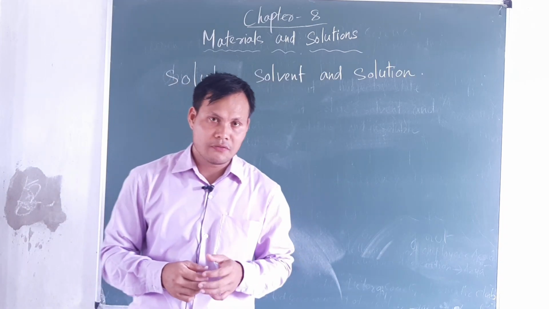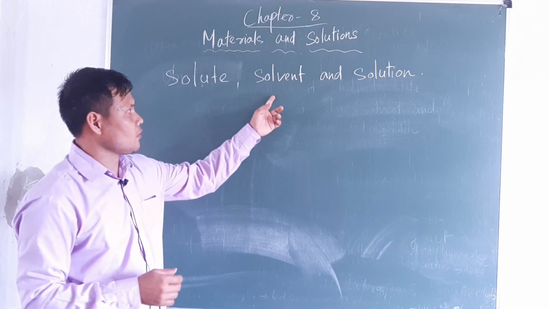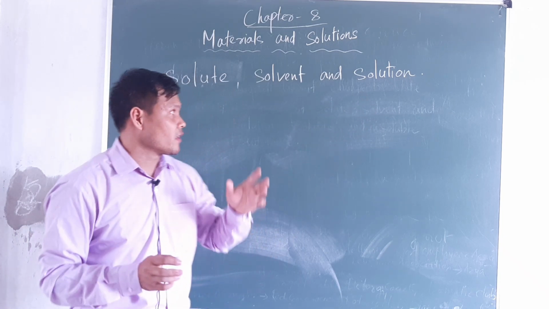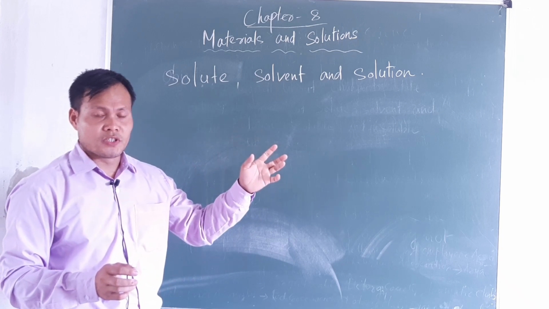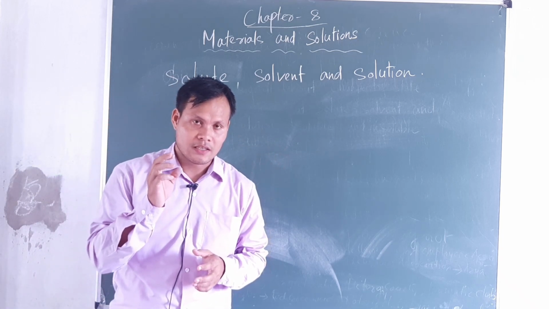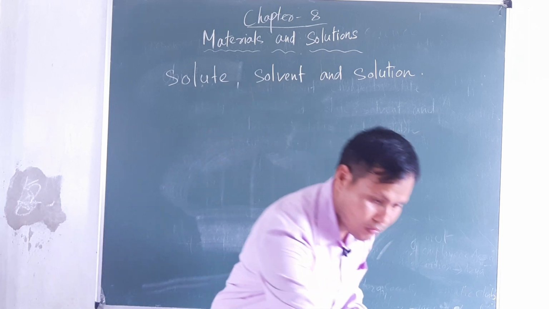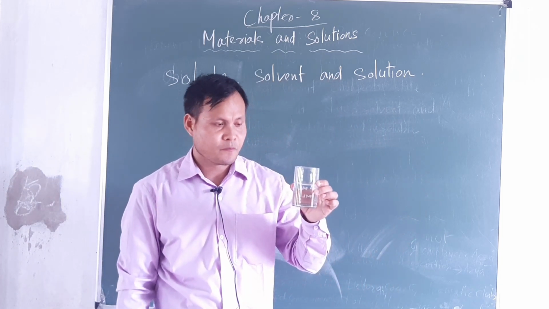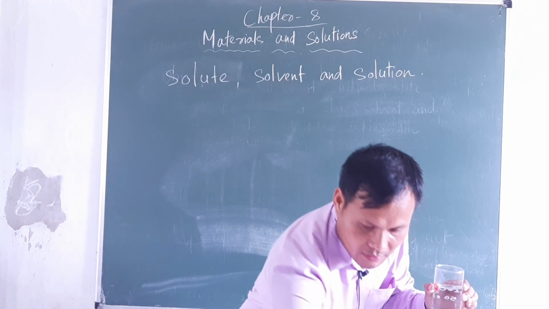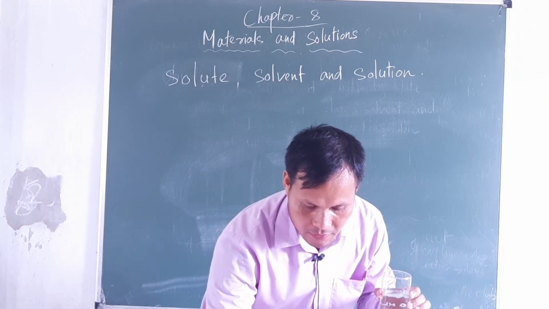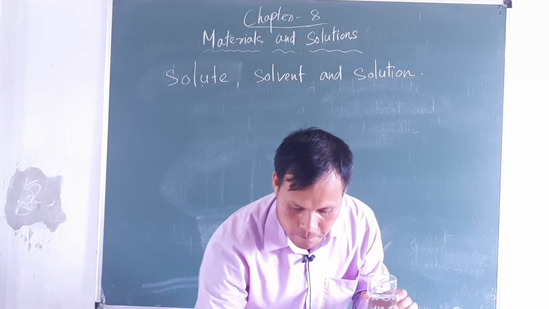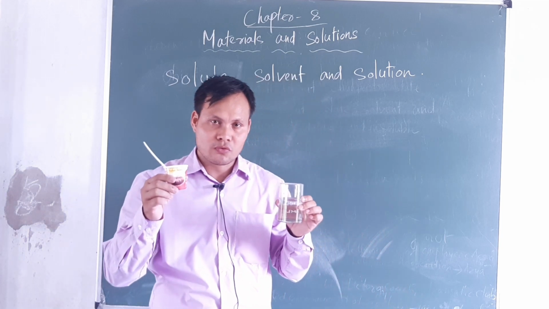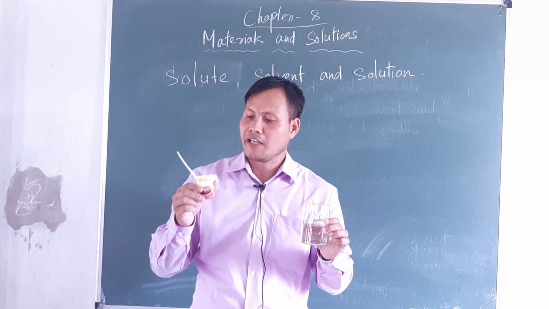So now we have solute, solvent and solution. Now let us learn what is solute, solvent and solution with the help of an experiment. Here I have a glass of water. I also have a cup of sugar with me and a spoon.